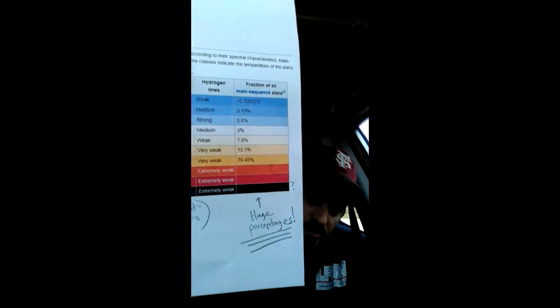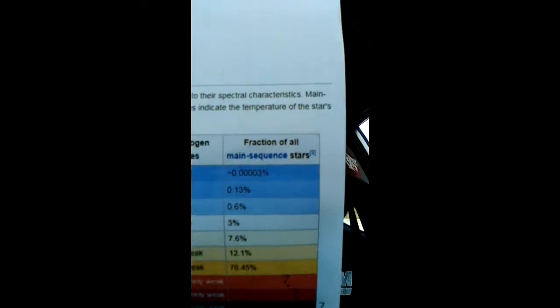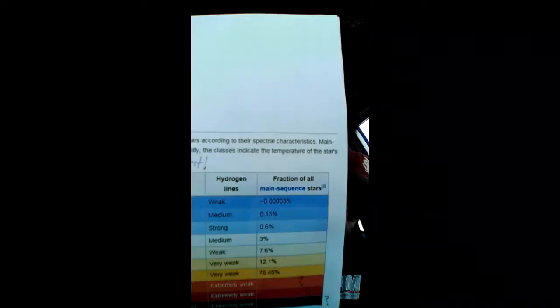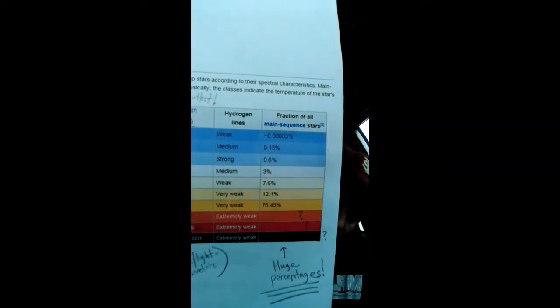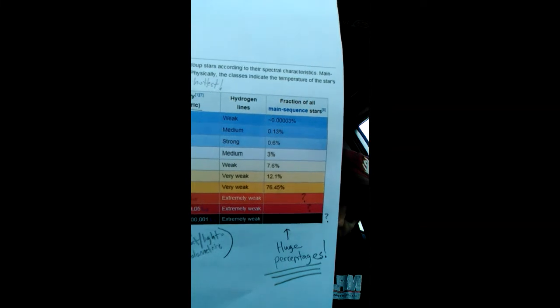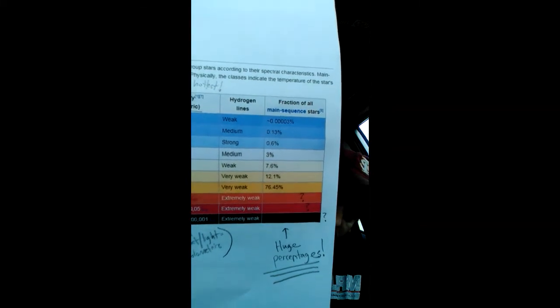But I think I made this video long enough. Oh yeah. One last note. The fraction of main sequence stars, in terms of main sequence, if you look at that part right there, you'll notice it'll have 0.000003%, which is a very, very small fraction of stars, and you have 0.12, 0.13, and then 0.6, then 3%, all the way down to 7.6, 12.1, 76.45, I think that is.